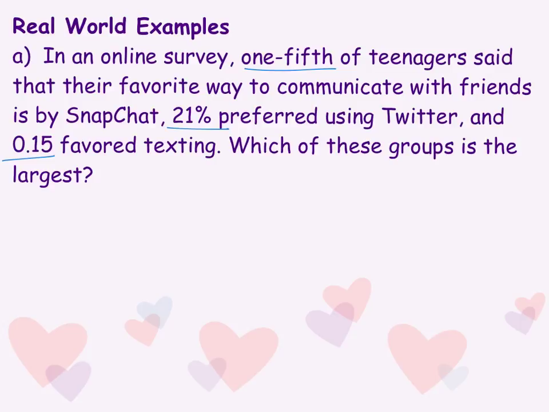So we need to make sure that all 3 of these are written in a similar way for us to compare them. Easiest way is we're going to change them all to decimals. And we can compare decimals like we did on our weekly review quizzes the last 2 weeks.